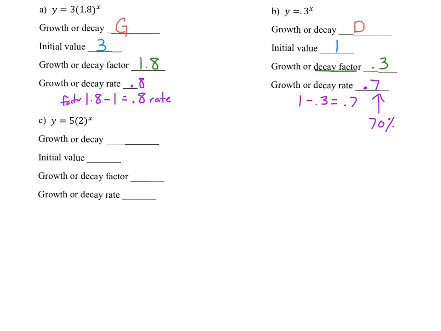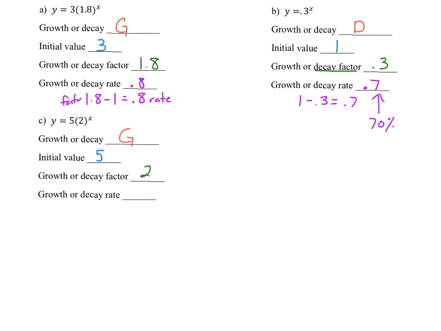Okay. All right, last one. Growth or decay? Growth, yeah, okay, cool. What's my initial value? 5. Well, I need to do it better than that. 5, okay. What is the growth factor? 2, because that's what's in the equation, right?